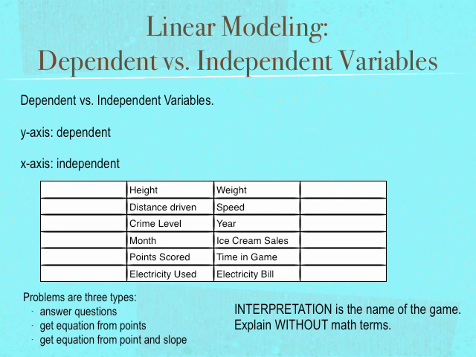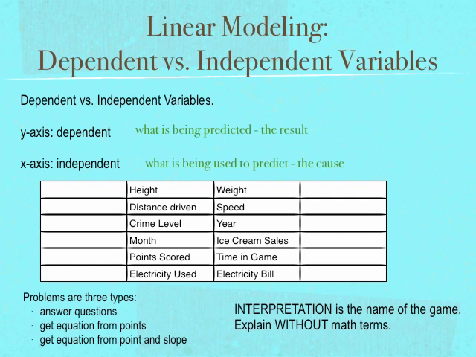It's actually not just flipping a coin to see who goes where. It's for a very specific reason. And that reason is that one of the variables is viewed as being dependent and one is viewed as being independent. So one depends on the other. The y-axis is the dependent variable. It's what's being predicted. It's the result. Whatever's on the x-axis, that's what's being used to predict, or that's the cause.